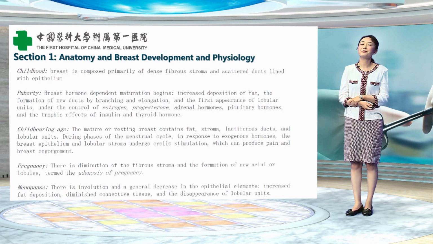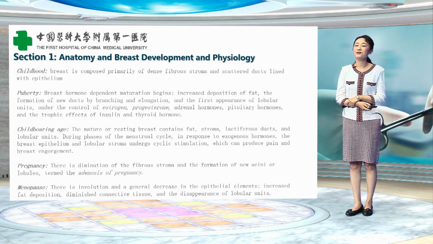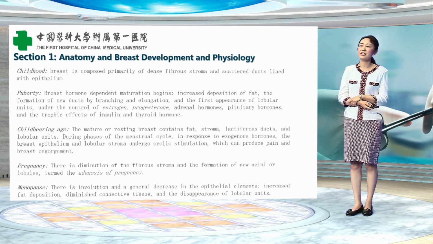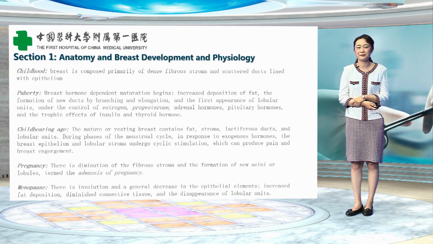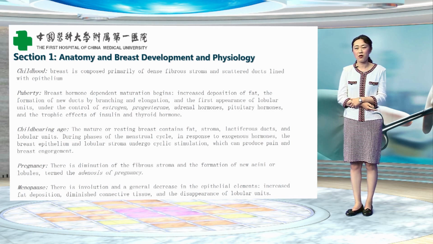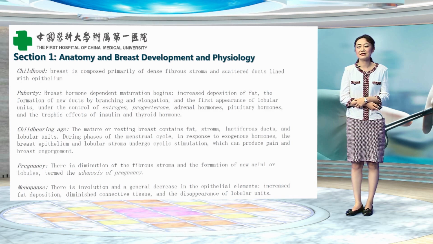It is the period when hormone-dependent maturation begins, with increased deposition of fat, the formation of new ducts with branching and elongation, and the first appearance of lobular units. This process is under the control of a lot of hormones, most importantly estrogen and progesterone.